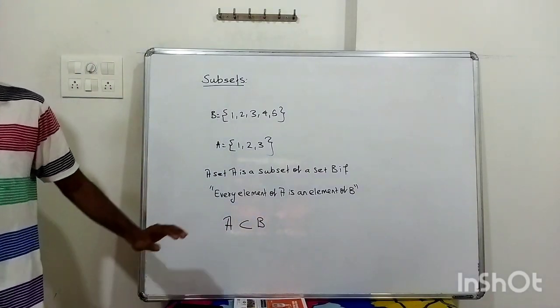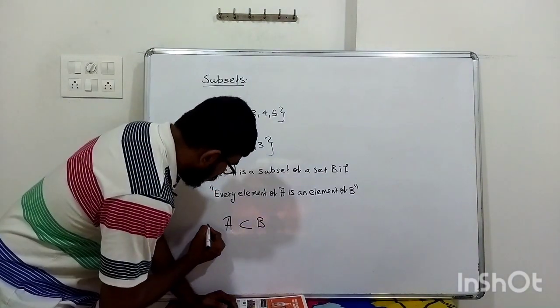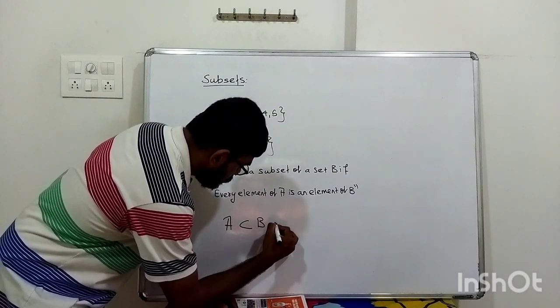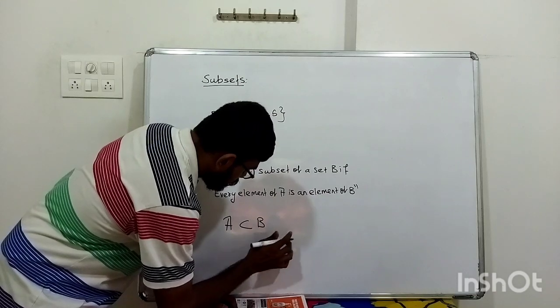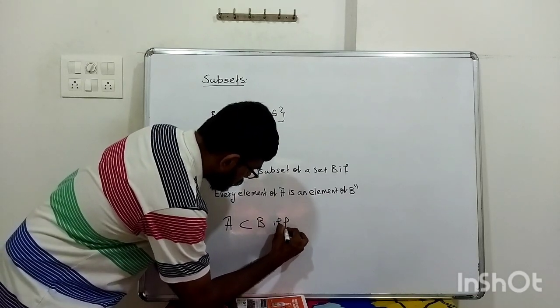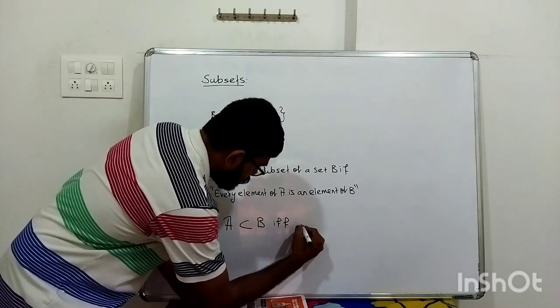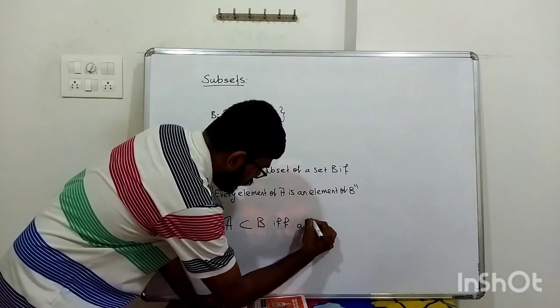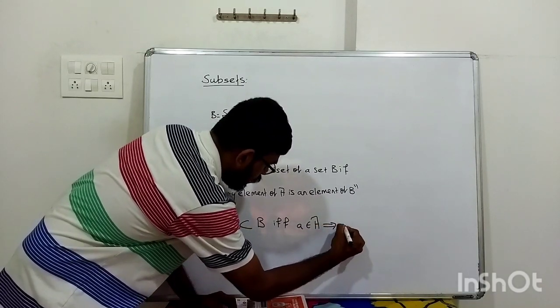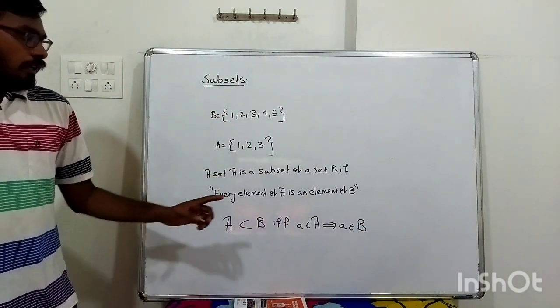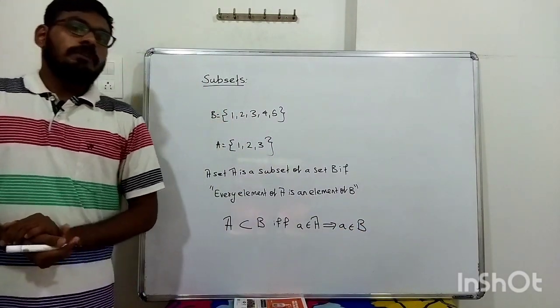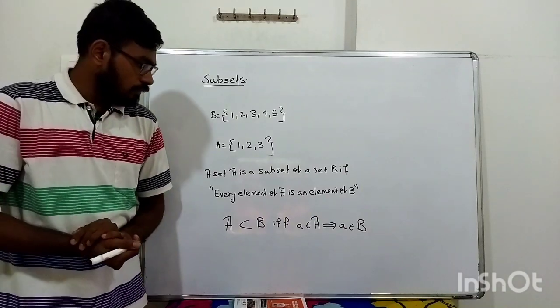We can say A is a subset of B, and we write it like this: A ⊆ B. And symbolically, we can define it like this: A is a subset of B if and only if x belongs to A implies x belongs to B. Understood now?